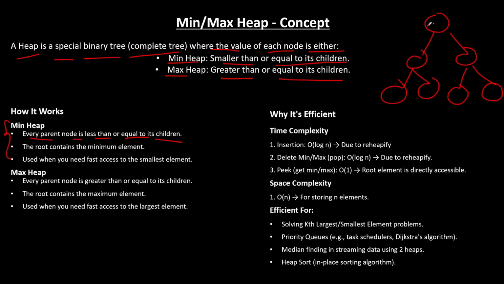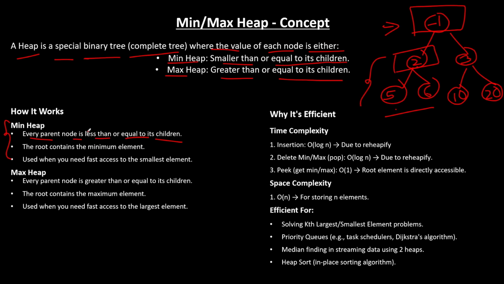Every parent node is less than or equal to its children. Suppose this is -1, this will be 2, and this will be 3. It will be 5, it will be 6. Okay, it will be 10, it will be 20. So if you could see, this is a parent node and it is smaller than any other node present in the children. Now 2 is the parent node and 5 and 6 are its children, and these children are greater than the parent, which is 2 here.